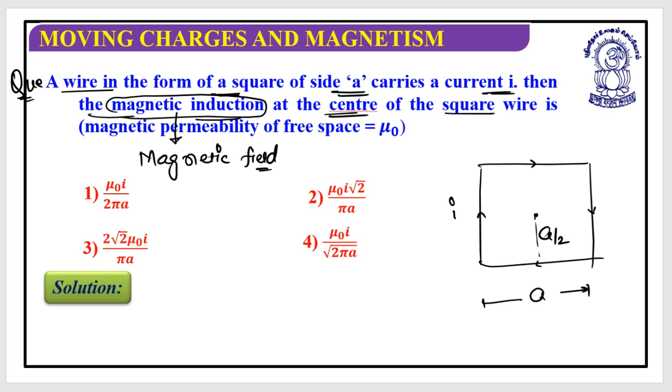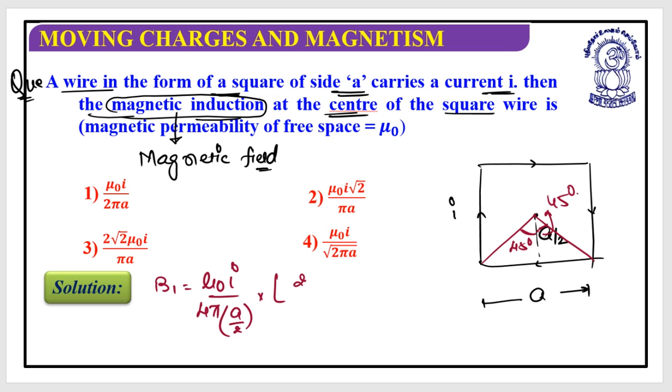This distance should be A by 2. If I make an angle, this should be 45. Even this should be 45. So this B1 is mu naught I divided by 4 pi into bracket A by 2 into bracket sine 45 plus sine 45.